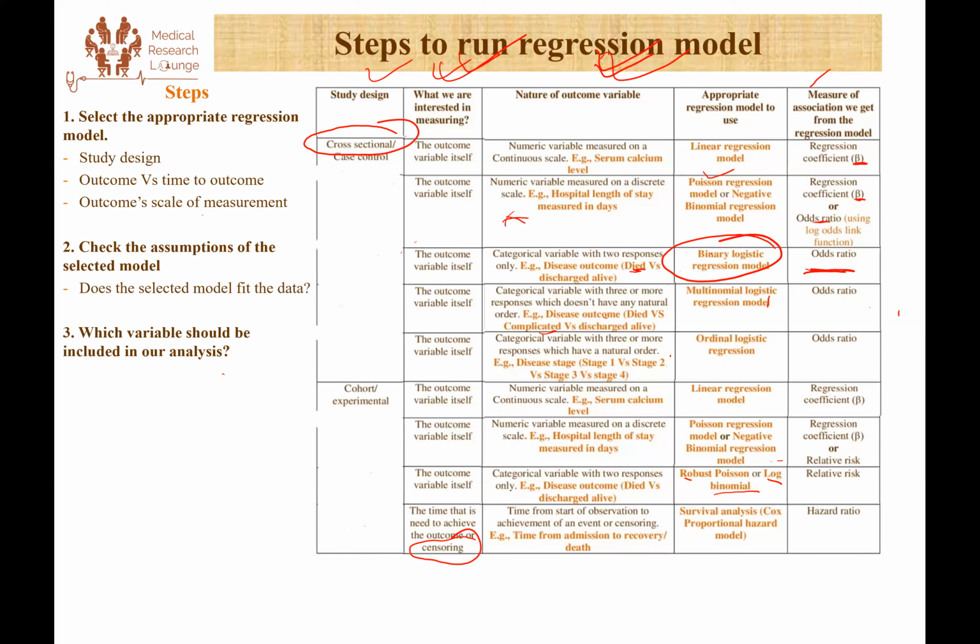After that, the next thing is, since we're running regression, that means we have different factors, A, B, C, D, like age, sex, having comorbid illness, smoking. We're trying to study if these affect our disease outcome, which is whether the patient dies or gets discharged alive.